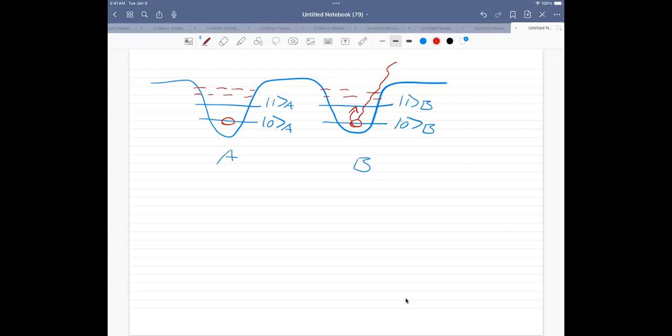That case would now be 0 in system A, tensor product with 1 in system B, or what we call 0, 1. You can make linear combinations, because sometimes you can prepare a state which is a combination of 1, 0 plus some coefficient beta times 0, 1.